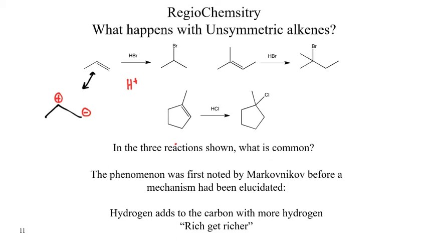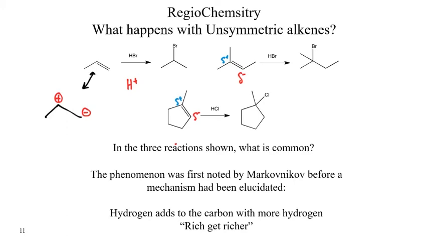So if you look at your structure and start to establish partial charges within that starting material, you can predict very quickly where your hydrogen is going to go, better than having memorized some silly rich gets richer nonsense.